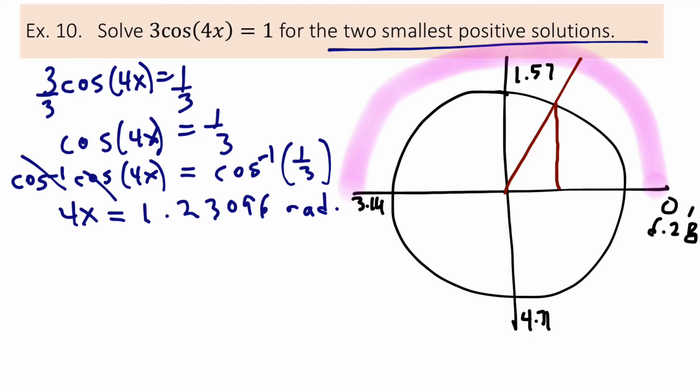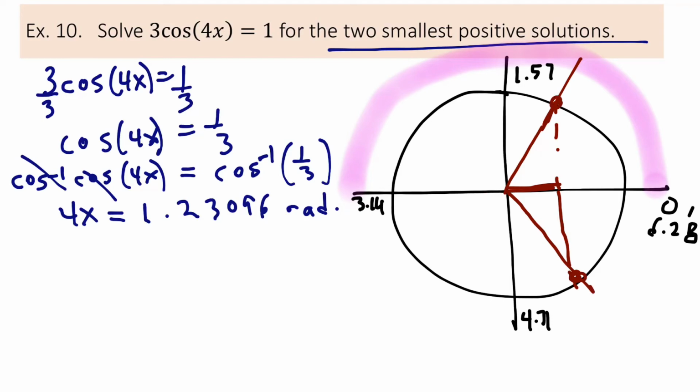All right, so that means we're talking about my cosine here being 1/3. But we know there's going to be another angle down here that has the same cosine.